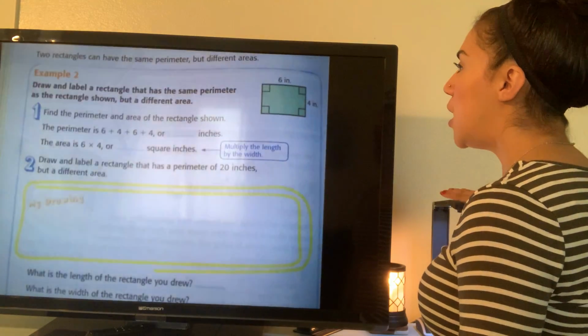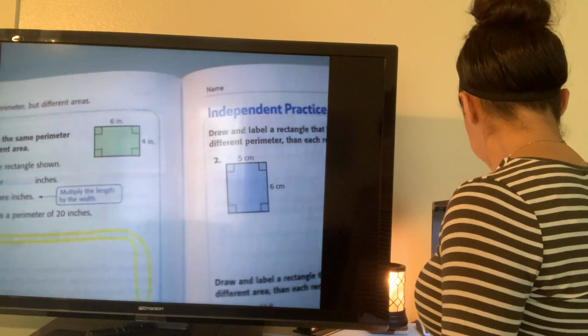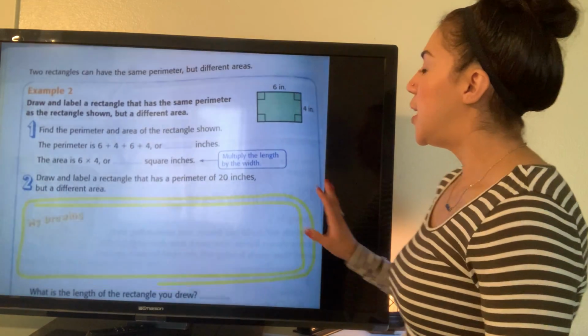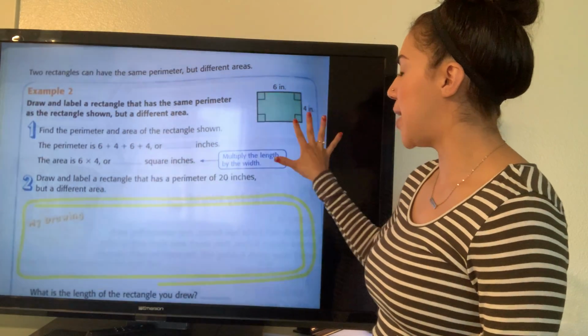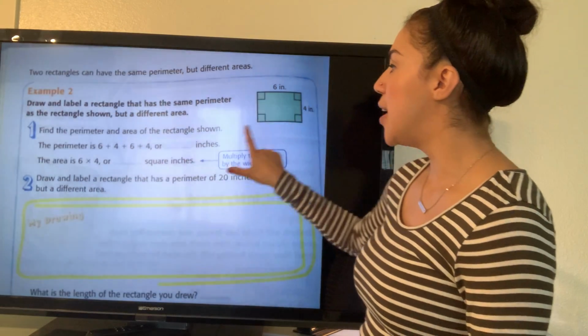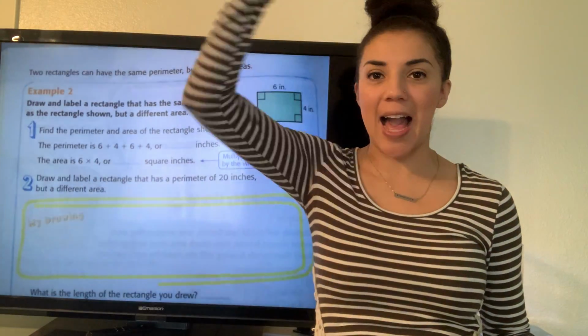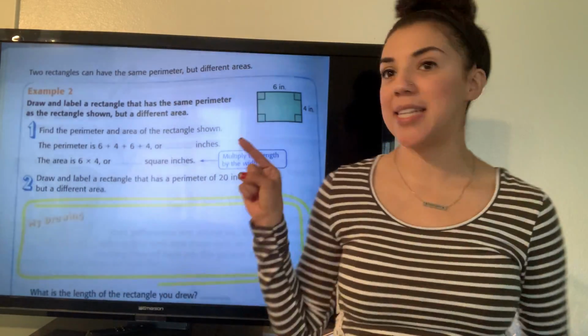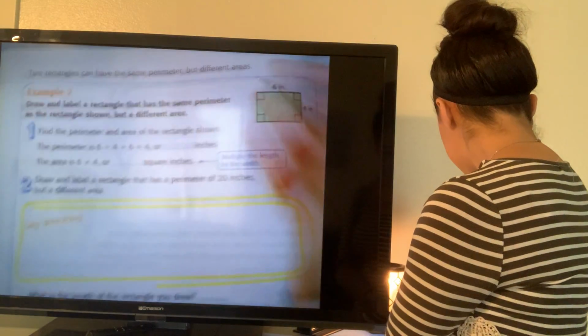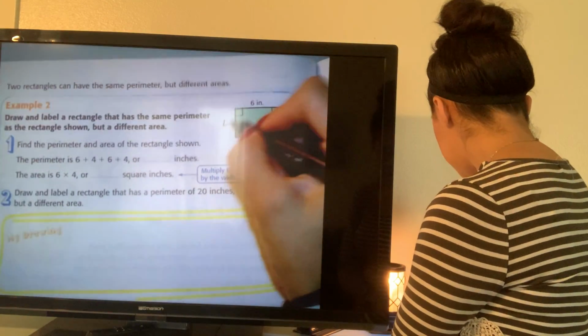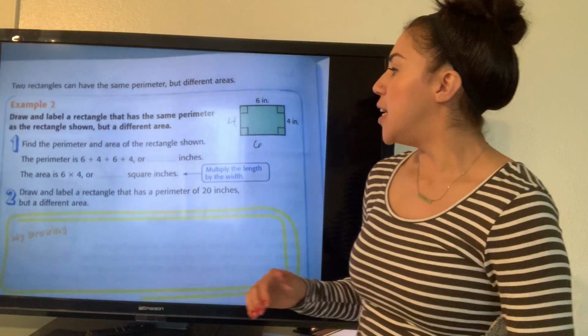We're going to find the perimeter and area of the rectangle shown, which is right here. Remember, the perimeter is adding all of the 4 sides. So if this is 6, this is 4, that means this is 6, and this is also 4 inches.